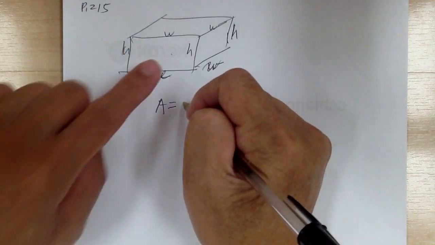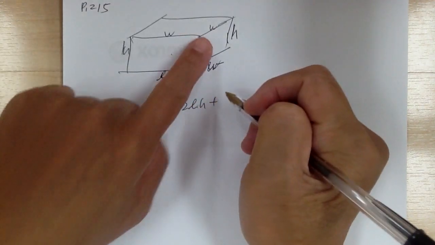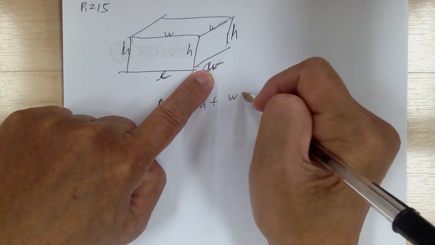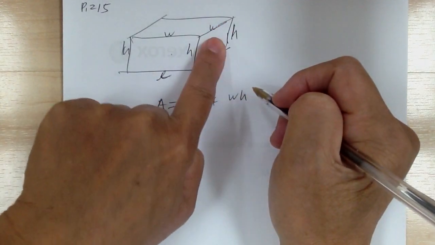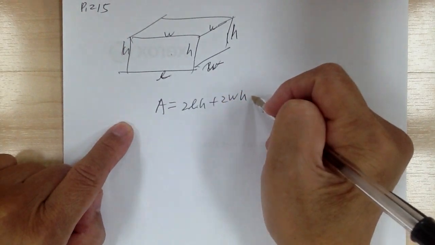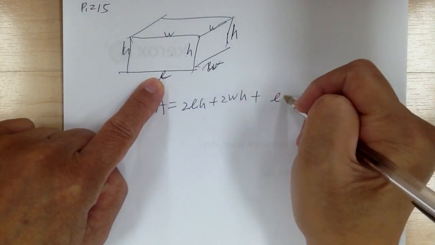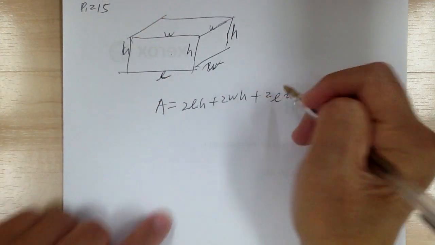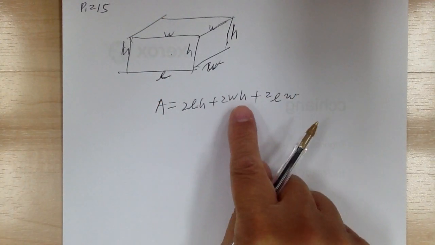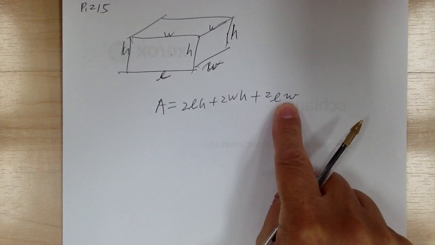And there are two of them because of the front and the back. And the right side is the base times height, and you have the right side and the left side, so 2 times, right? Then the top or the bottom is the length times width, and the top is the same, okay? So again, you have the front and the back, right side and the left, and top and the bottom.